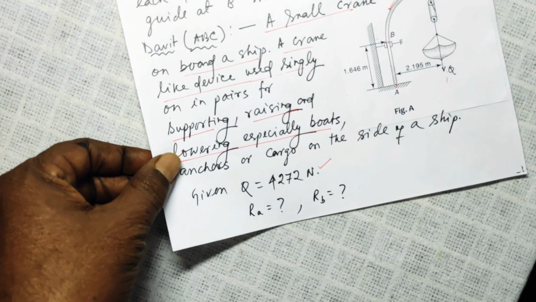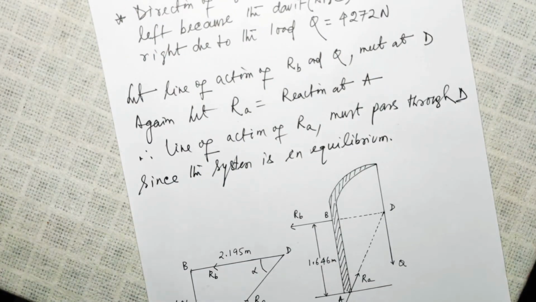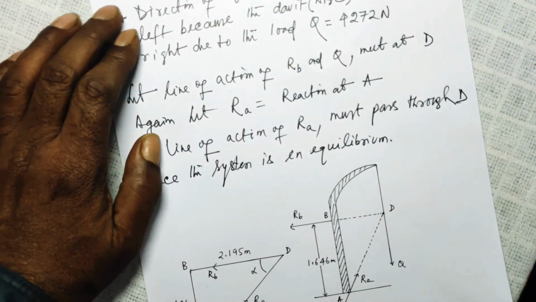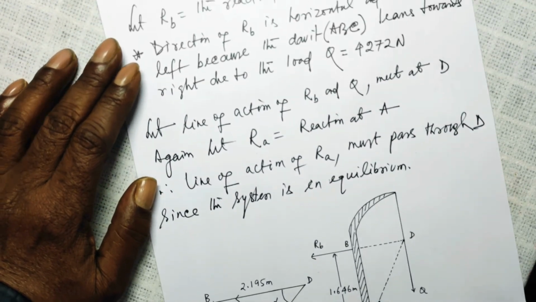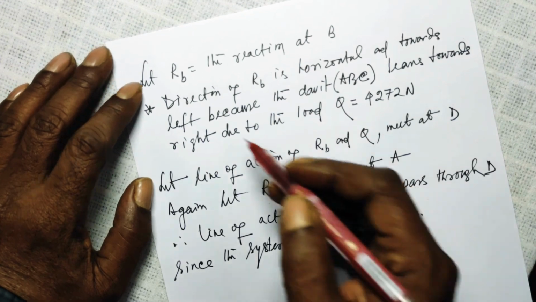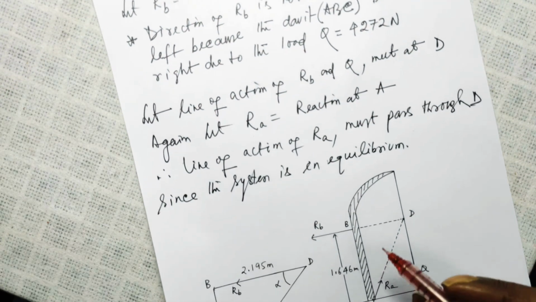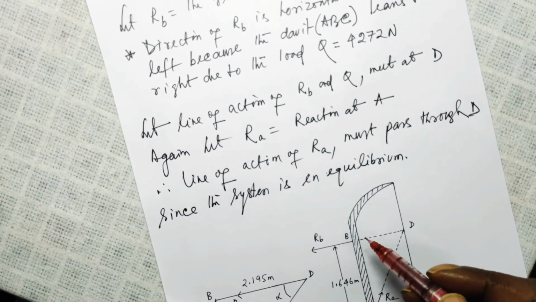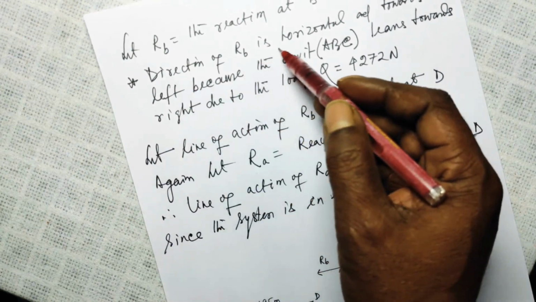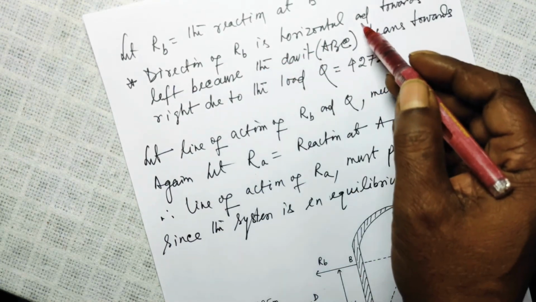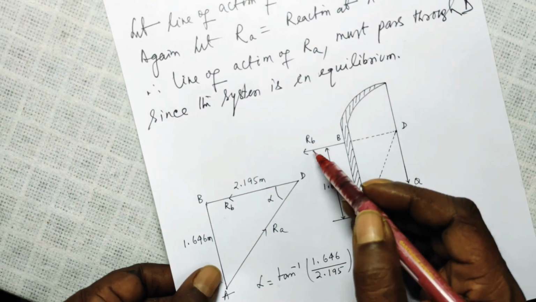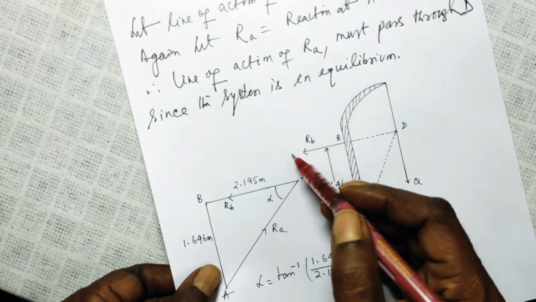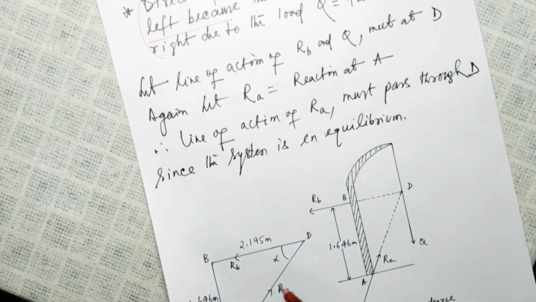So now it's pretty simple. Let RB be the reaction at point B, and the direction of RB is horizontal and towards left. This is also important. Why is it so?